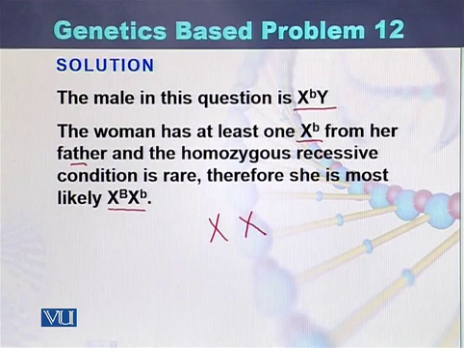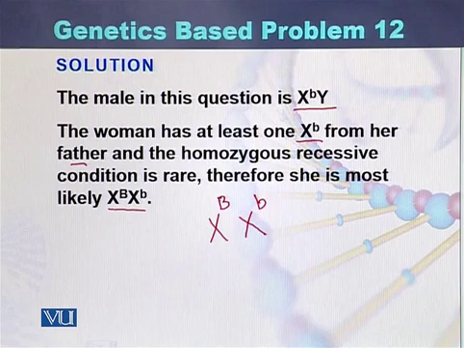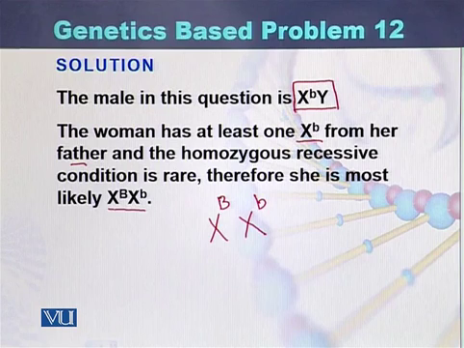Because she is normal, she has one dominant allele and one recessive allele. So the female is heterozygous, and the male, because he has just one X chromosome with the recessive allele, has baldness.